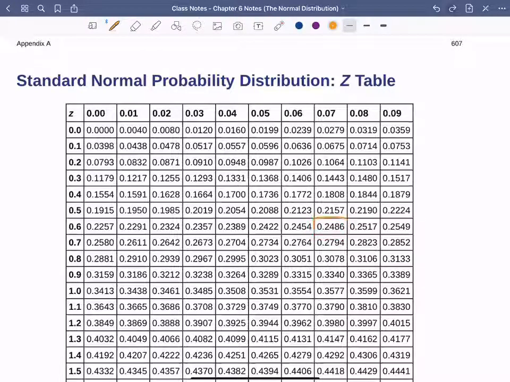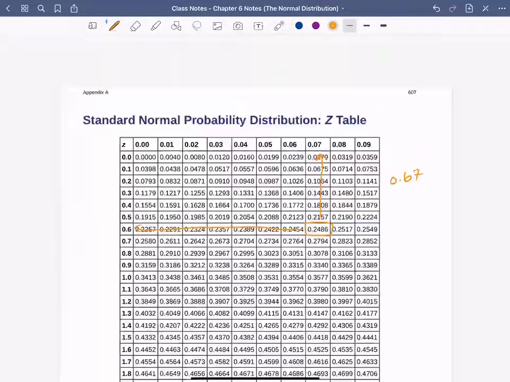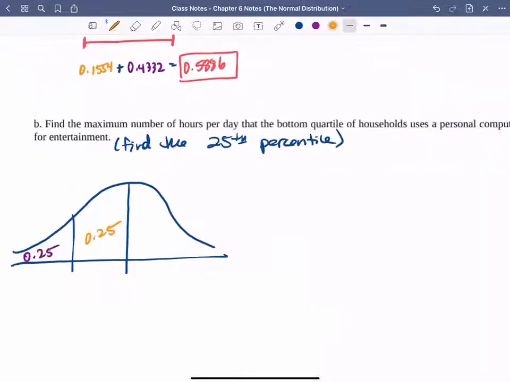Our Z value is 0.67. I apologize for hopefully not messing too many of you up on that little mishap. So 0.67 is what we're looking at for our Z value. So 0.67 is what gives us 0.2486, really close to 0.25.